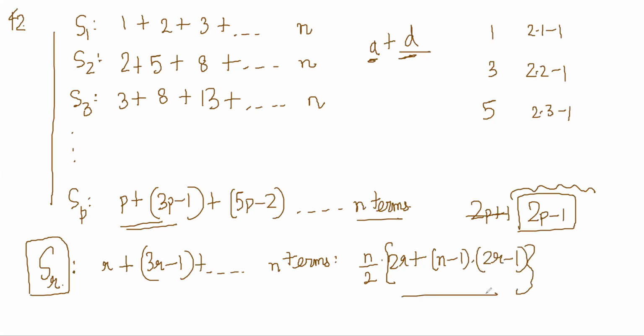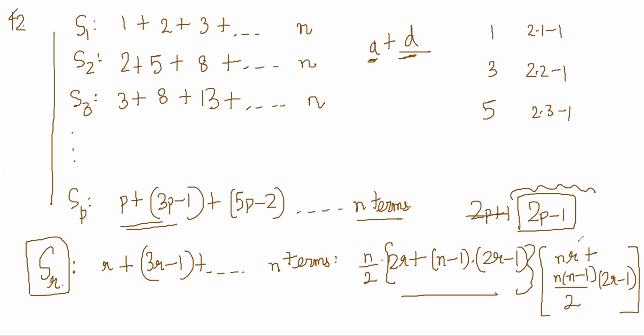So this becomes nr plus n into n minus 1 by 2 into 2r minus 1. This is the sum of the r-th AP.